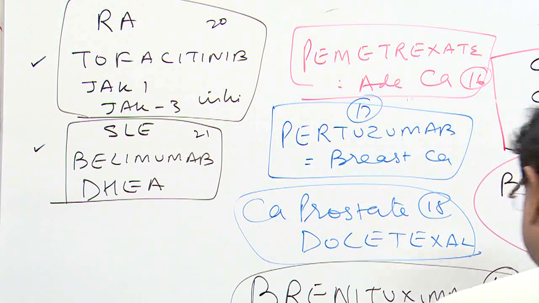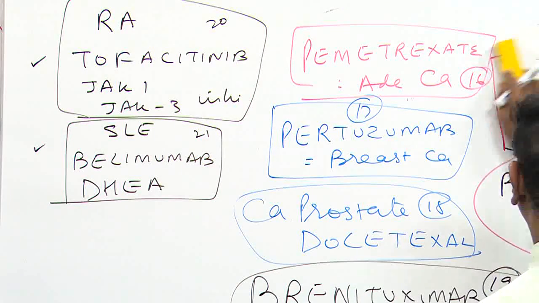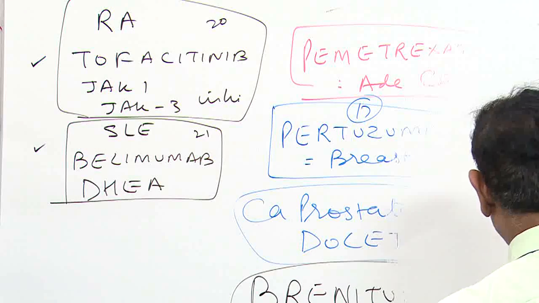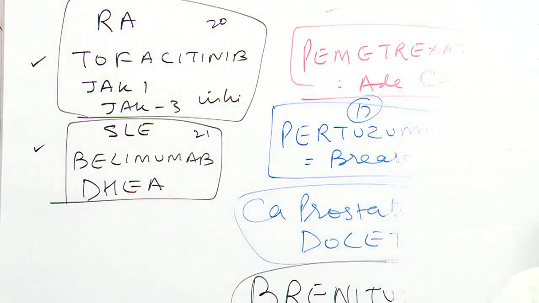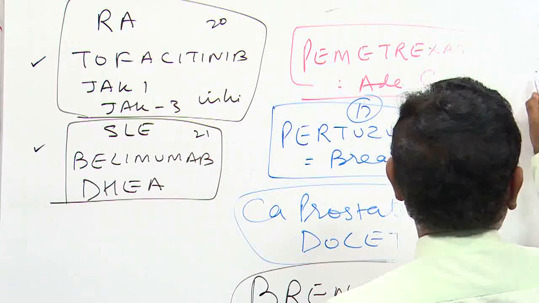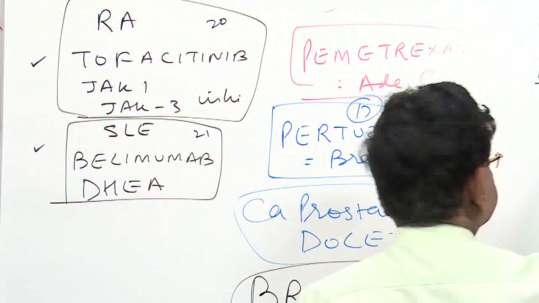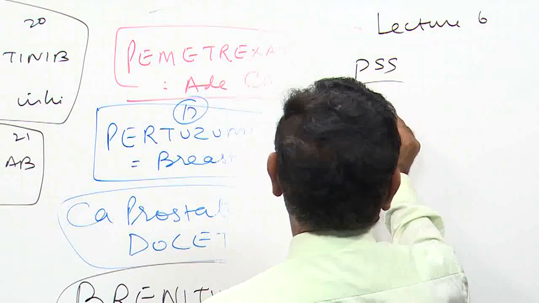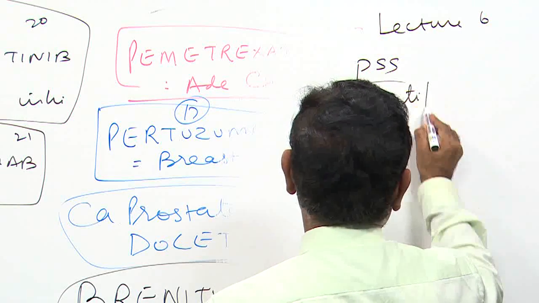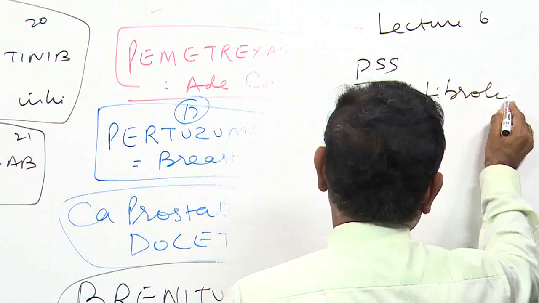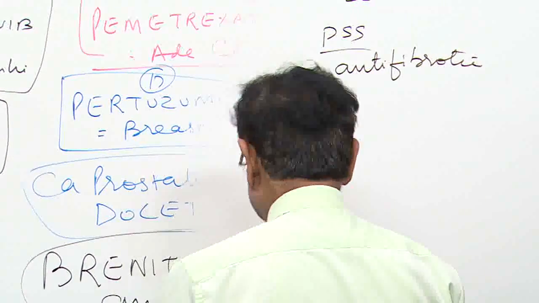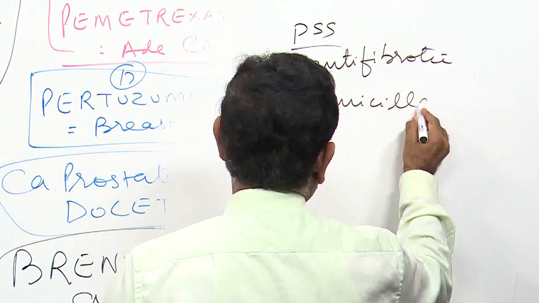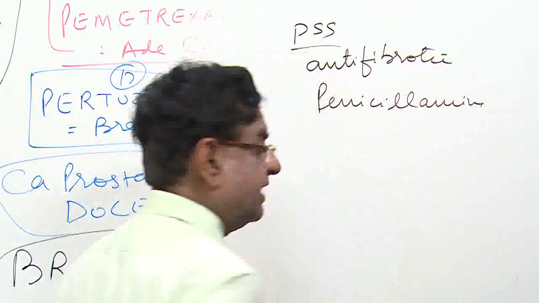Now, new drugs for systemic sclerosis. We got anti-fibrotic drugs for PSS, that is for systemic sclerosis. We have been using penicillamine. But what is there in the 19th edition?